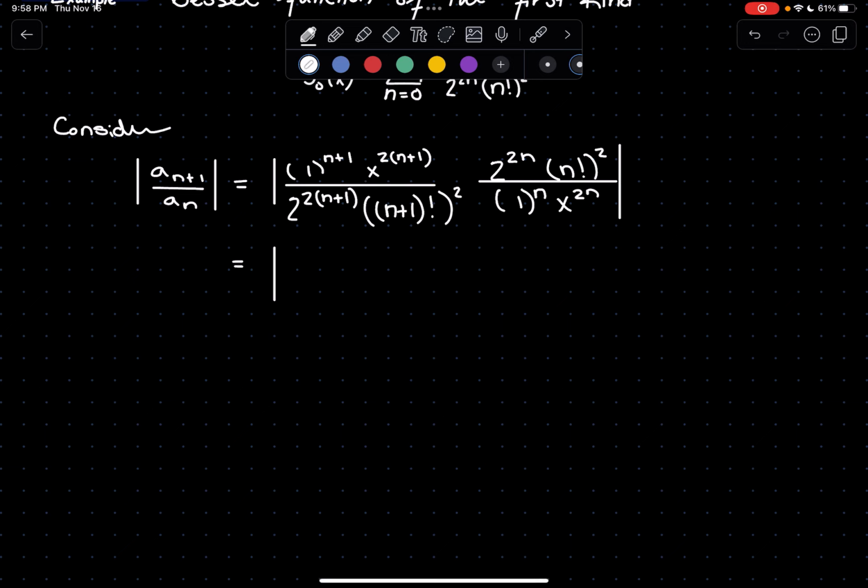So this is actually just x^(2n+2) times 2^(2n) times n factorial squared, and then over 2^(2n+2) times (n+1) factorial squared, what a mess.